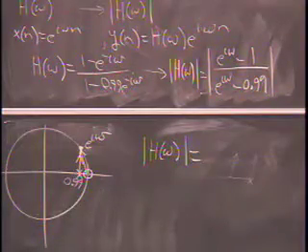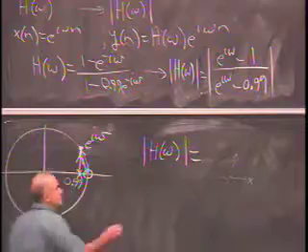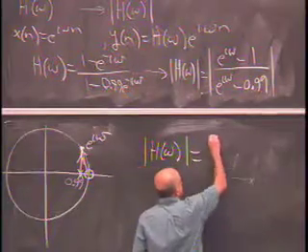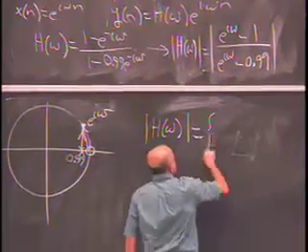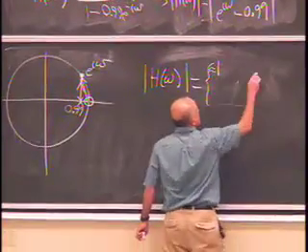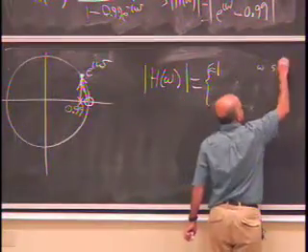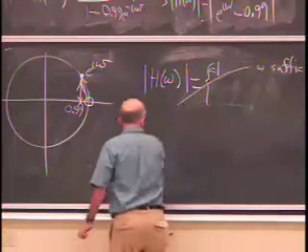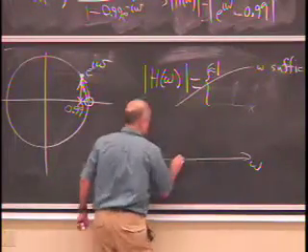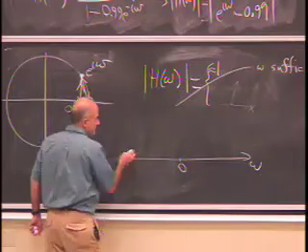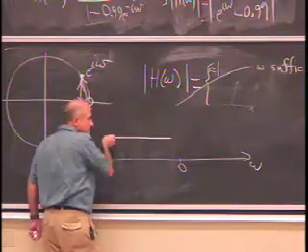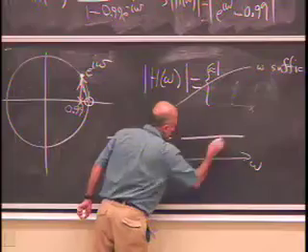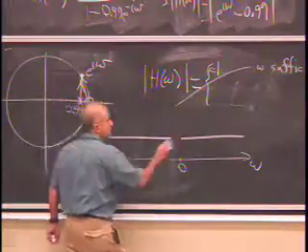They're almost equal, right? So it is approximately 1 for omega sufficiently distant from 0. Actually, instead of writing it this way, let me just plot it. So 0 here. If I'm sufficiently distant from 0, this magnitude response is 1.